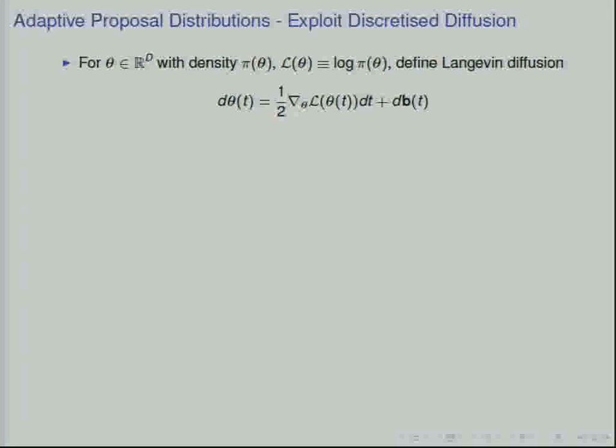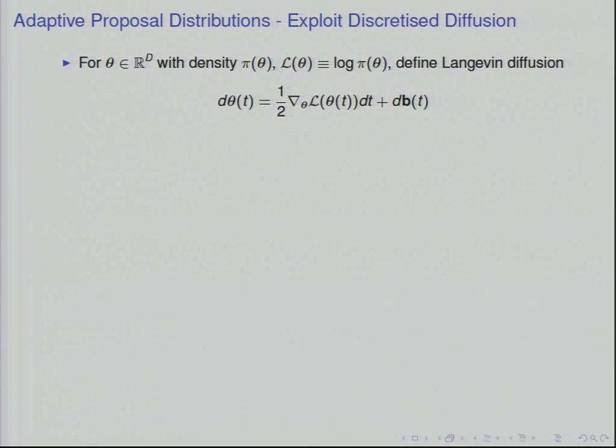And what's beautiful about this here is that, so let me just say that the solution paths of this diffusion process are such that they are distributed according to pi of theta.